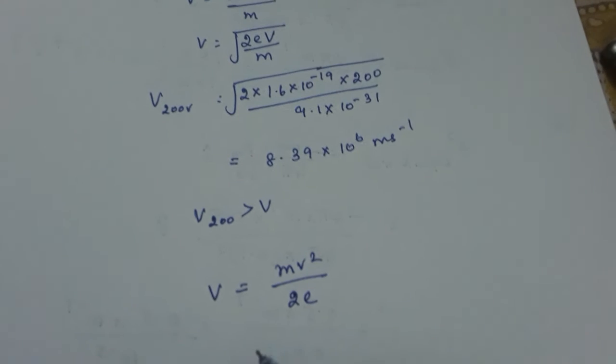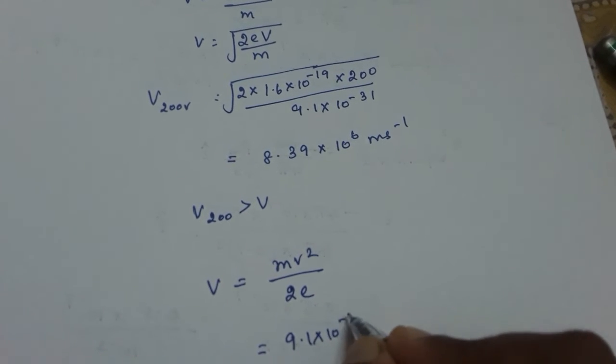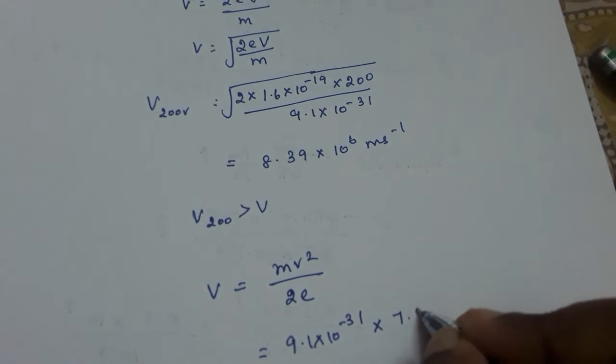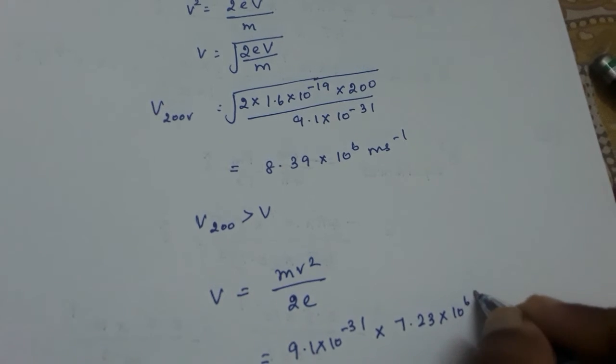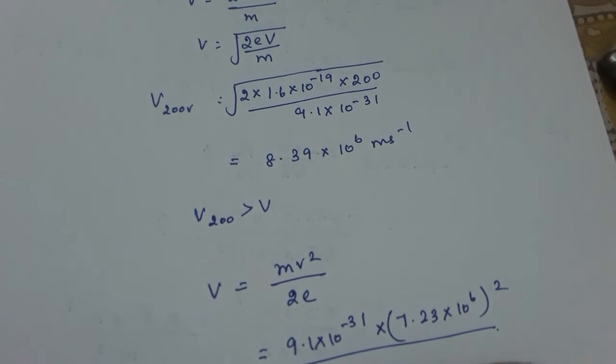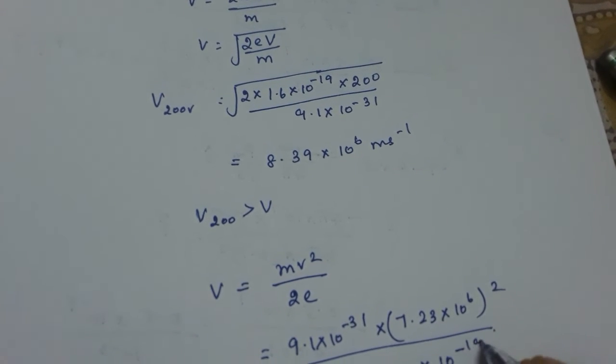Here we are going to find out the potential. The mass is 9.1 into 10 raised to minus 31. The velocity is the original velocity, that is 7.23 into 10 raised to 6, the whole square, divided by 2 into 1.6 into 10 raised to minus 19.